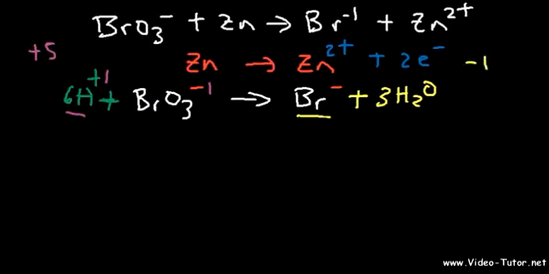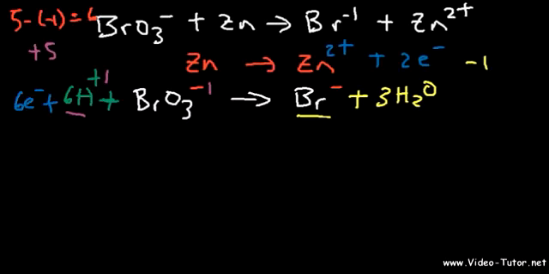If you take the larger number minus the smaller number, 5 minus negative 1 is equal to 6. So you need to add 6 electrons to the side with the higher charge, which is the left side. And now that half reaction is balanced.